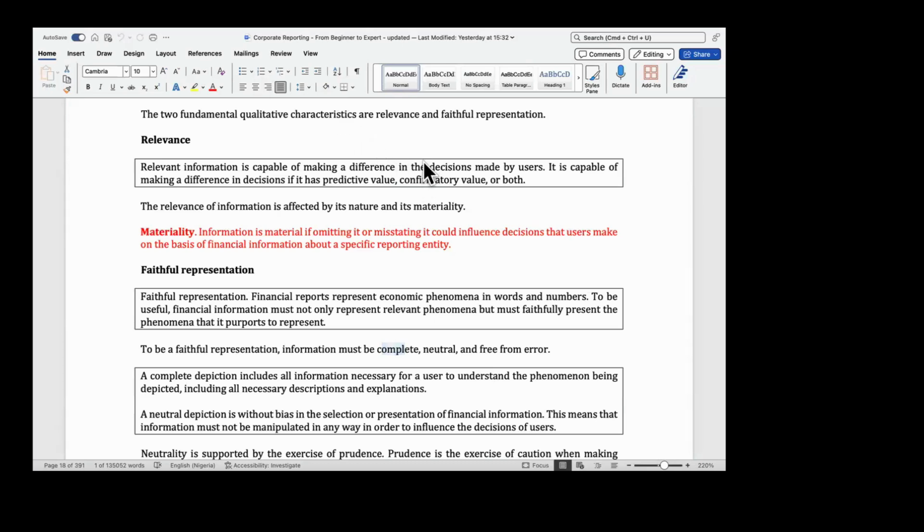Now, the second one is neutral. The information must be neutral, meaning that it must be without bias. So don't have a mindset when you are preparing your reports, because when you have a mindset, then you would manipulate the report. Don't prepare your information because you want to wow your investors or shock the markets.